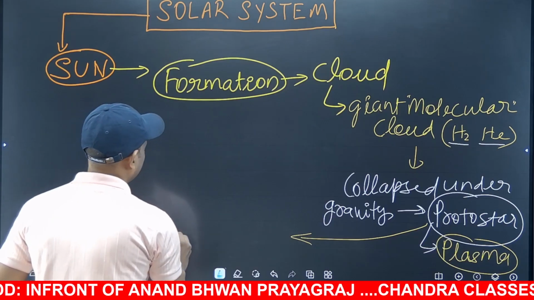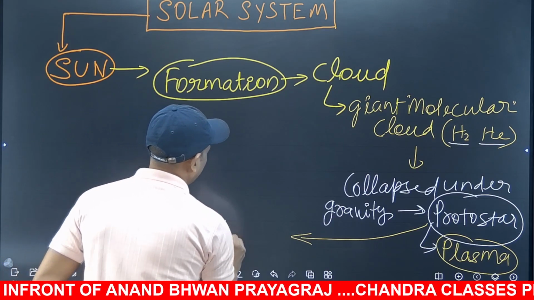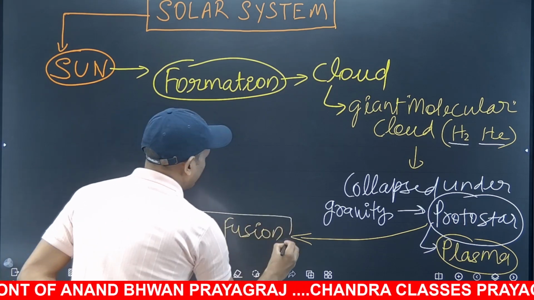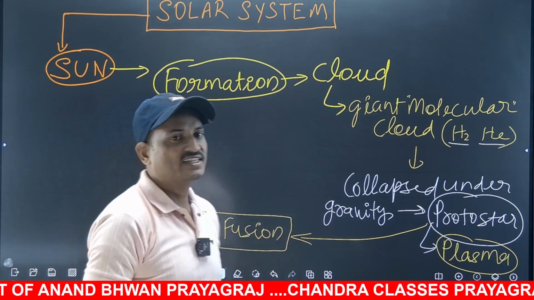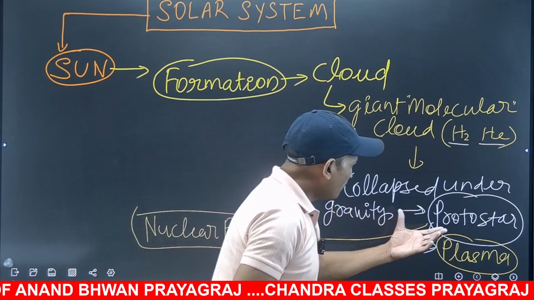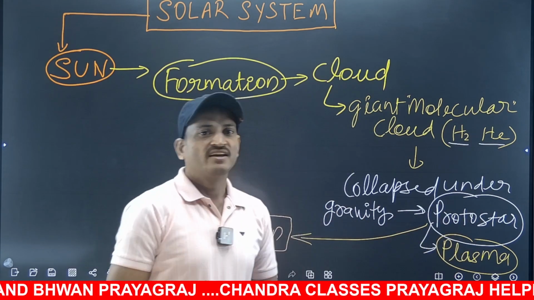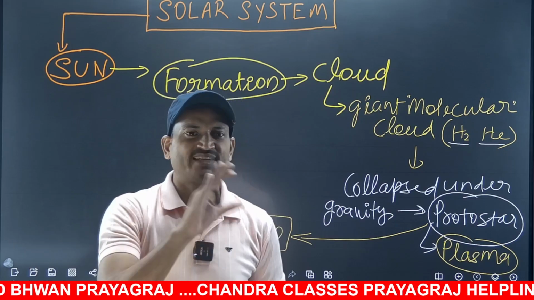Nuclear fusion starts once the temperature of the core of the protostar reaches around 10 million degrees Celsius.